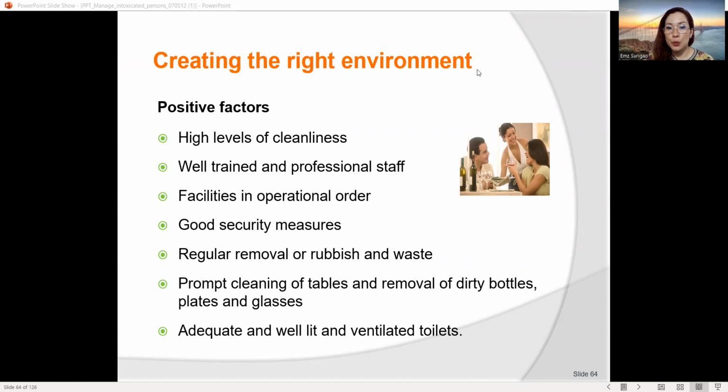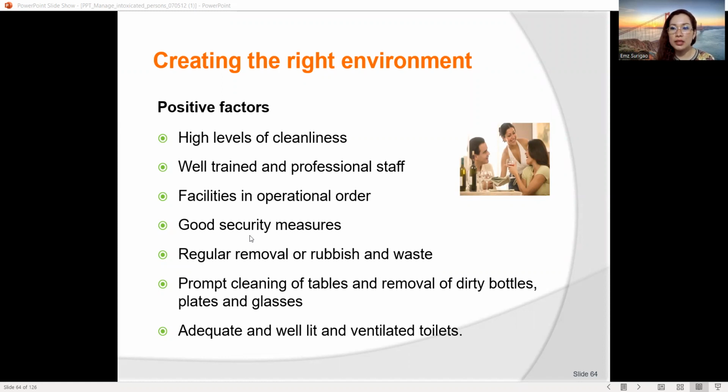Facilities in operational order. So all the facilities must be operational during the operations. Then good security measures. So the first topic that we discussed is you should have the sources or the contacts. So contacts inside and outside the organization.